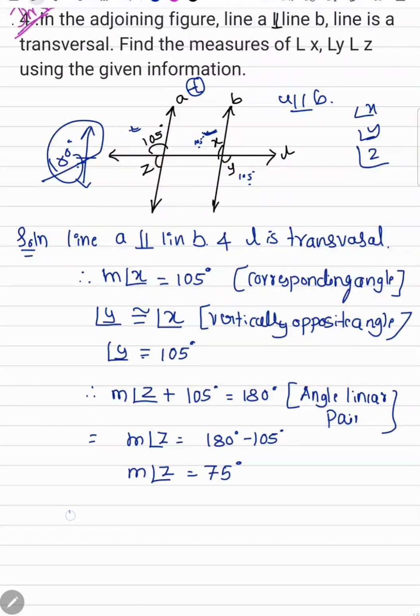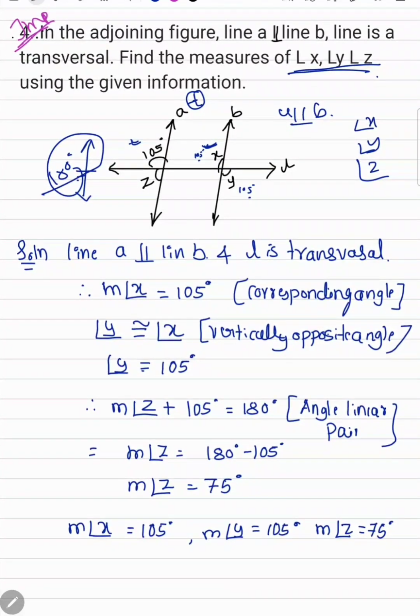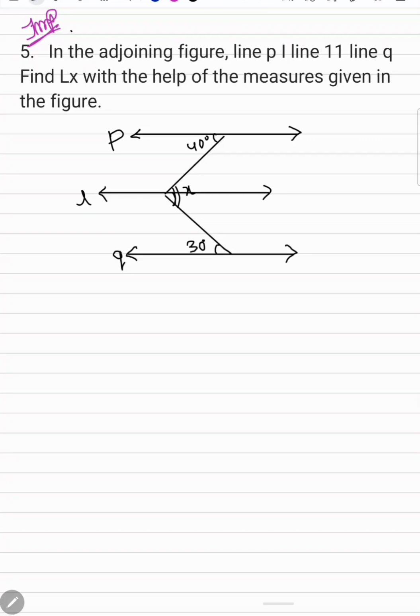Then here we write measure of X equals 105 degrees, measure of Y equals 105 degrees, and measure of Z equals 75 degrees. We solved all the angle measures. It is very important for the examination. Then we solve the fifth one. The fifth one is also important for the exam.